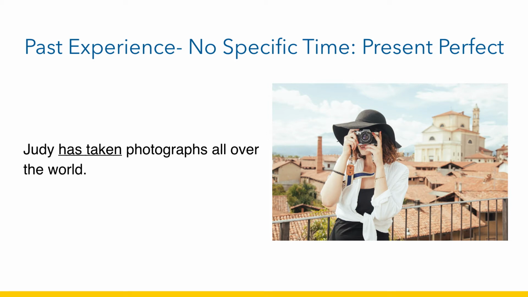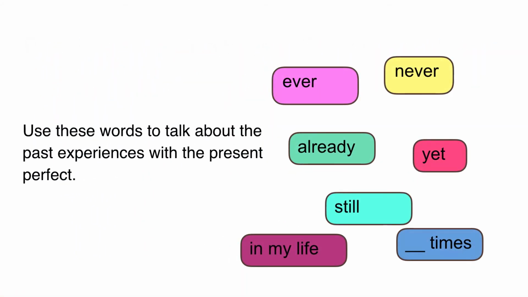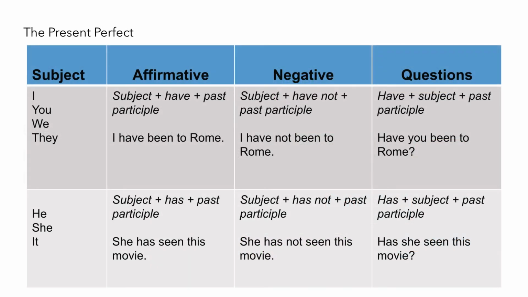It's about her experience. When we use the present perfect to talk about past experiences, we often use these words. To form the present perfect, we use have with subjects I, you, we, and they, and a past participle. With subjects he, she, and it, we use has and the past participle.